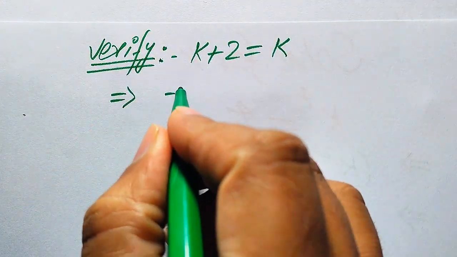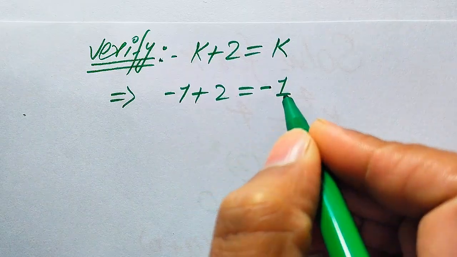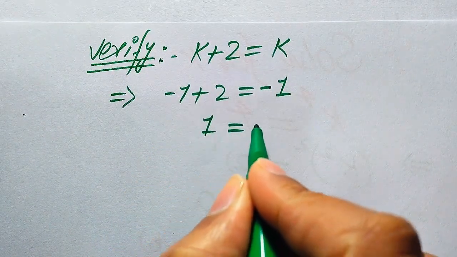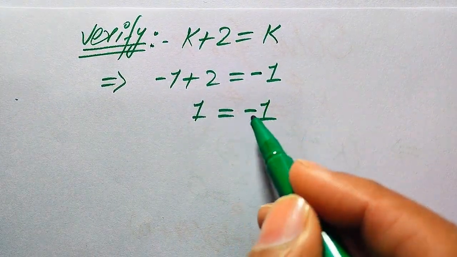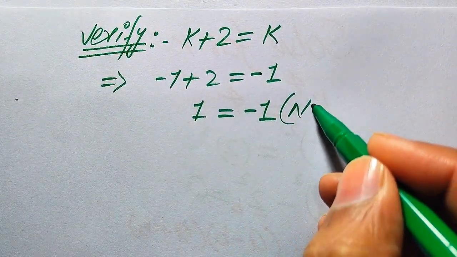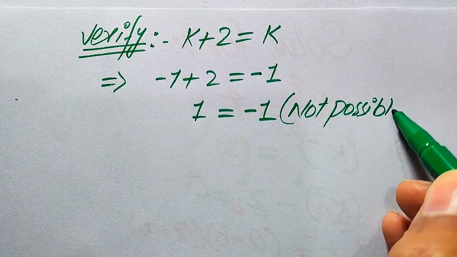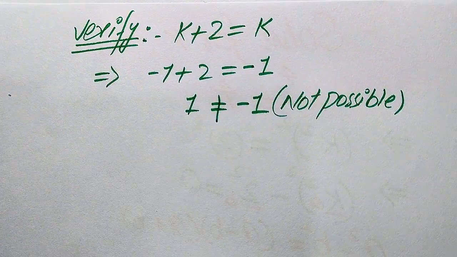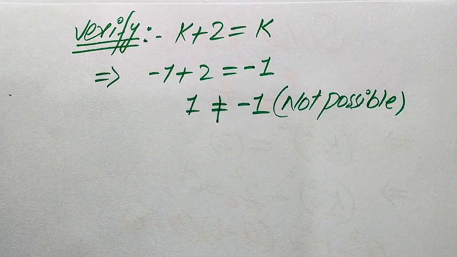When you put it here, it becomes -1 + 2 = -1, and you see -1 + 2 becomes +1 = -1. This is not a possible case, in other words, positive 1 cannot equal negative 1. So this means that the value k = -1 does not satisfy our given question statement.